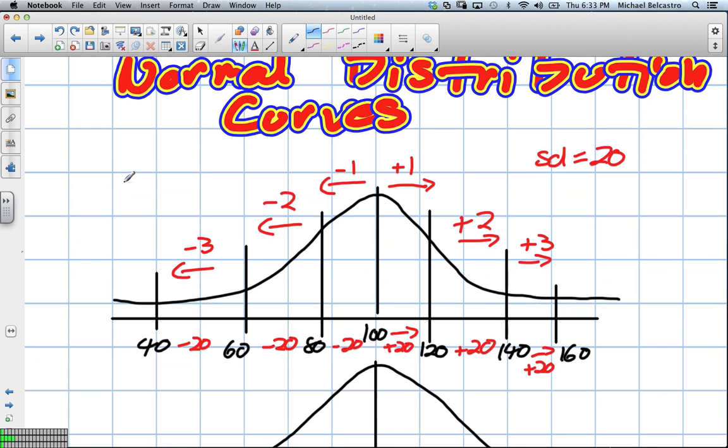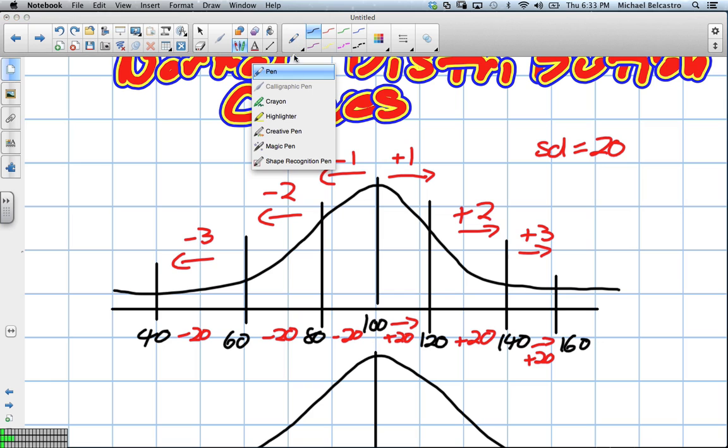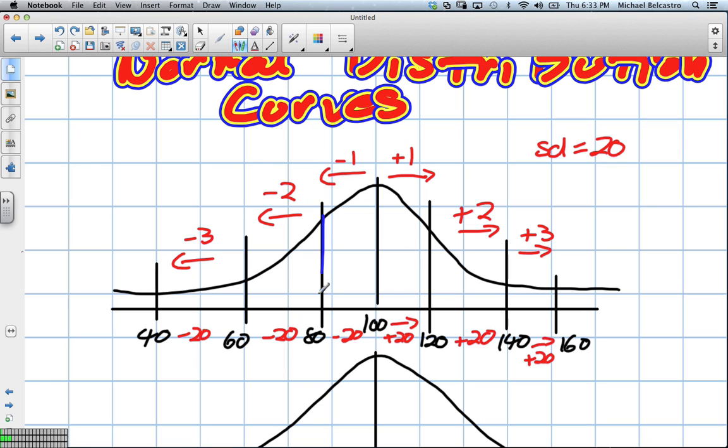Now for z-scores, let's say they told us we wanted to find all of the information outside of one deviation from the mean. So in other words, here's a deviation from the mean, and here's also another deviation from the mean. What we need to be doing here is looking for the amount that's to the left of a deviation from the mean, and the amount that's to the right of a deviation from the mean.